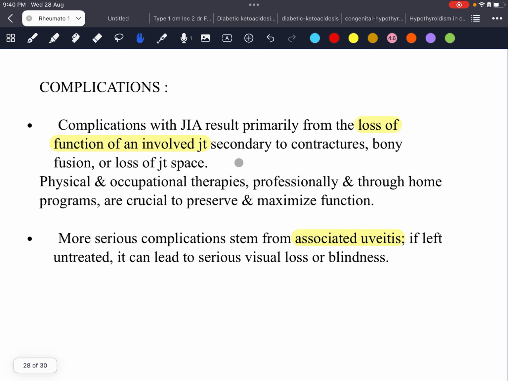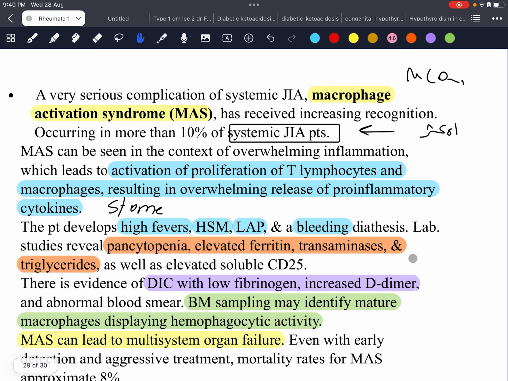The complications are loss of joint function, blindness when there is eye involvement, and the very serious one, macrophage activation syndrome. It mainly occurs with systemic juvenile idiopathic arthritis, and it is caused by activation and proliferation of T lymphocytes and macrophages.